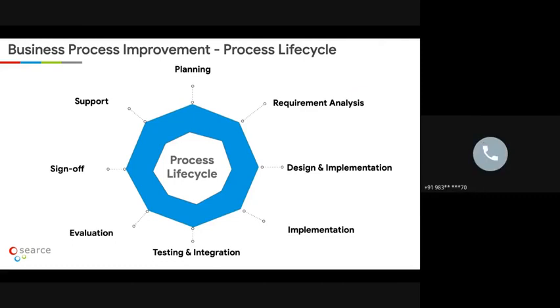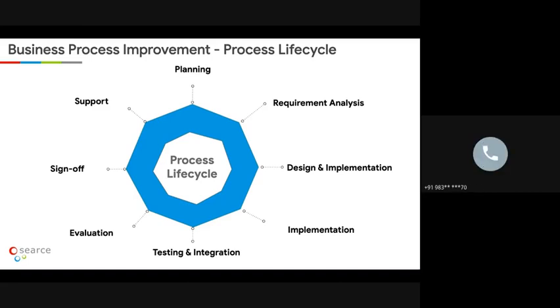The business process improvement cycle works like this: first we do the workshop and understand your processes. Then if you want to address a specific process to be automated, we gather all the requirements, which is called requirement analysis. Then design and implementation, where we come up with an approach that has to be user friendly as well. We don't believe in increasing the steps; we try to reduce the steps and be more user friendly.